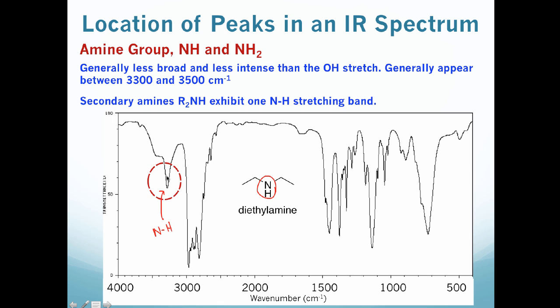So again, we're not going to confuse that with an OH because it's just really too narrow for an OH. So this is really telltale of just an NH stretch, so a secondary amine. And again, it's in that 3,300 to 3,500 wave number region.